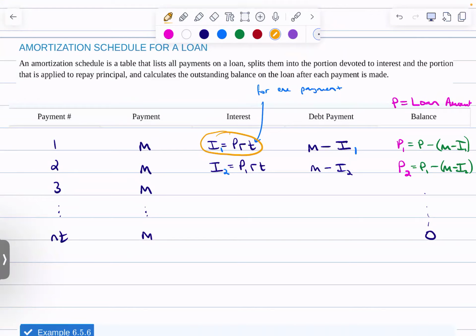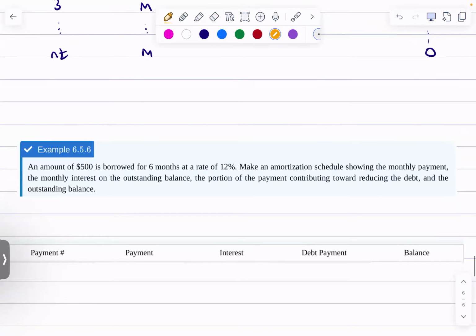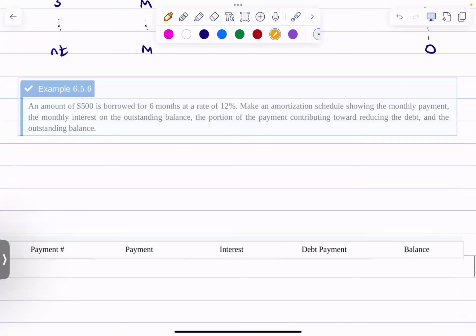Or we can say, what if I just always take r times t and use that as a lowercase i? Maybe I've gone too far. Forget it. We can just use the formula that we have. Sometimes we convert it to a lowercase i for each period, but we've got what we need. Sorry, I don't want to confuse you.